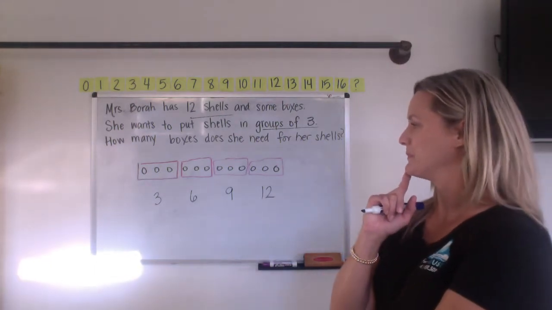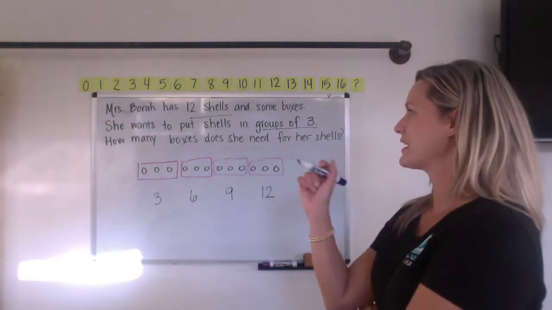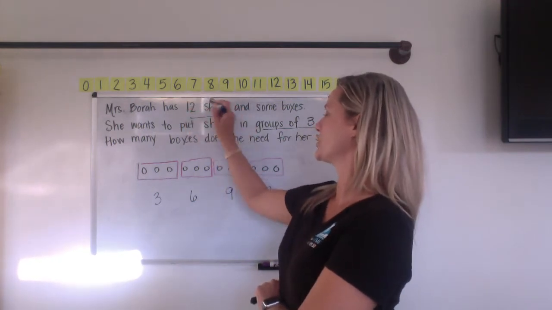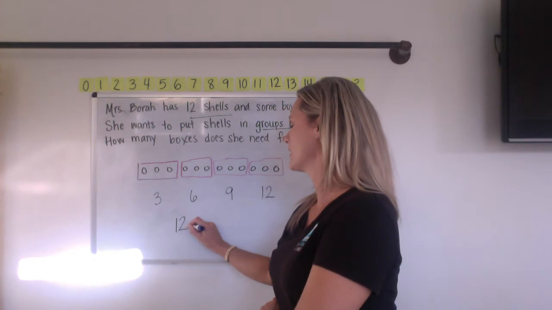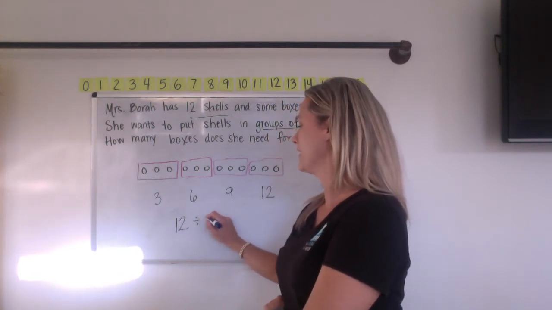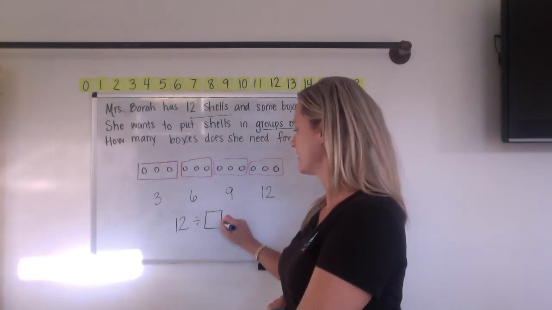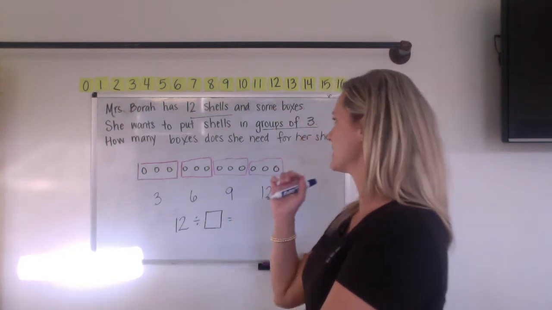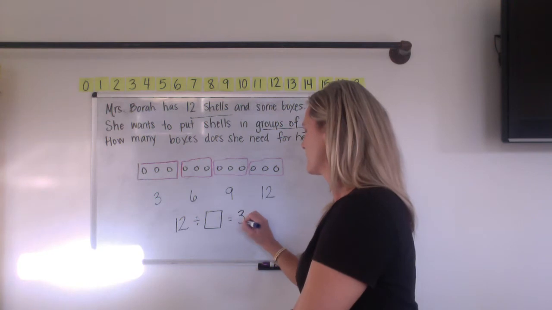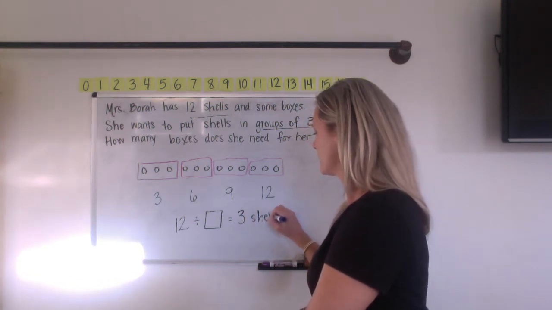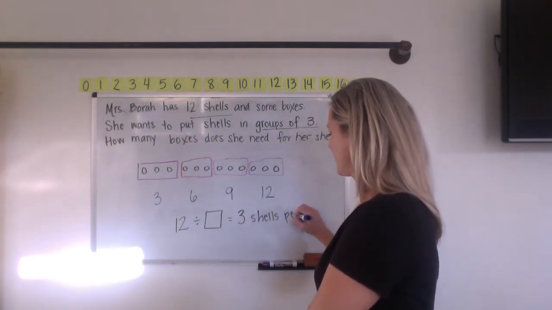Let's see. Did anybody think about 12 shells divided by what would give us 3 shells per group?